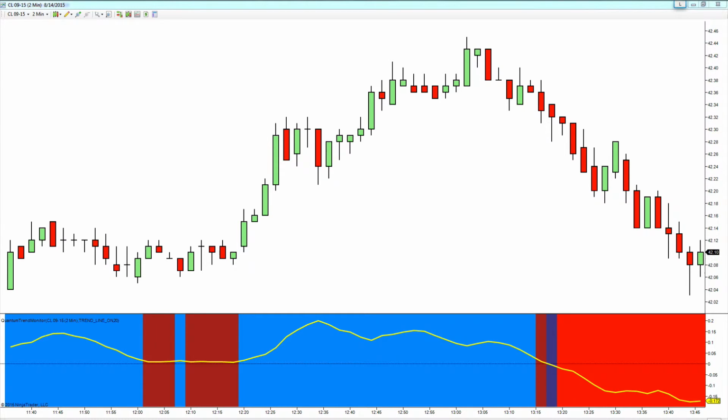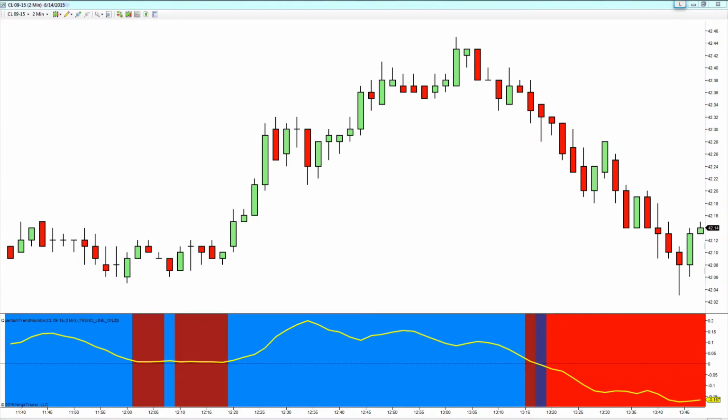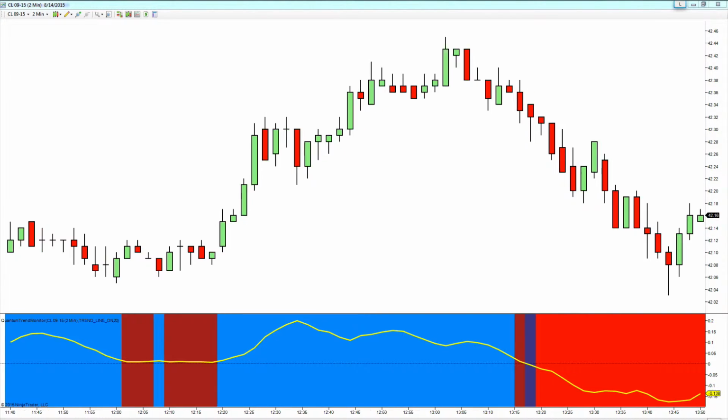Picking up a little bit there. And this is how the trend monitor helps to keep you in. We've had a little run higher there in terms of the price action.